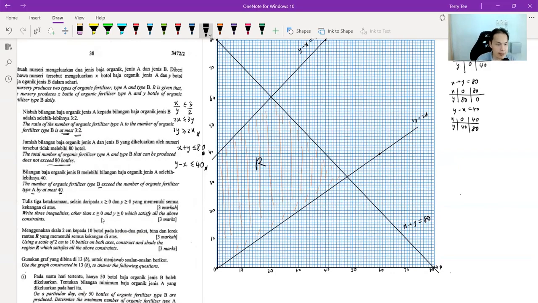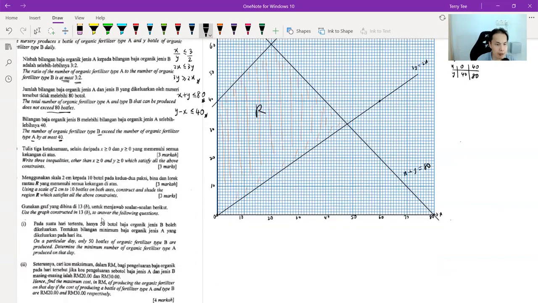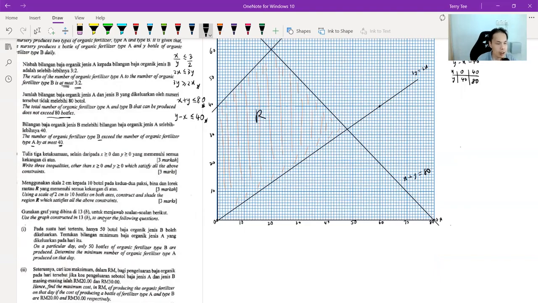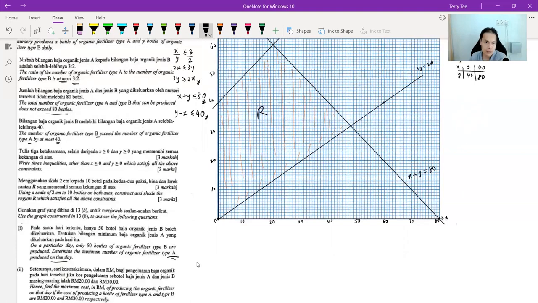Now next they say, construct a region. On a particular day, there are only 50 bottles of organic fertilizer B produced. B is y, 50 bottles of B. You're finding the minimum of A produced on that day. So we start off with 50 over here. Zoom in a bit.